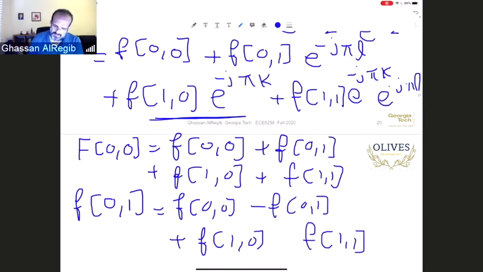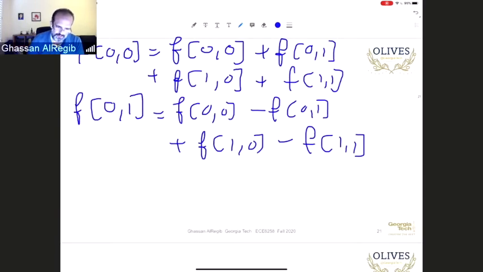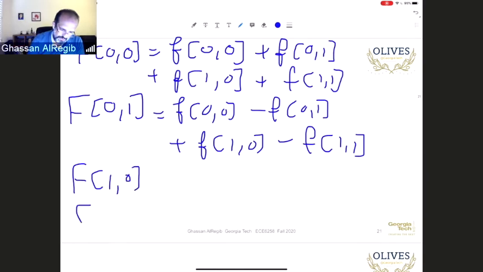But now I have l equal to 1, I have e to the negative j pi l, that will give me a negative in here, and so on. So you can continue doing all of these operations to calculate. Sorry, this is capital F. Yeah, please correct this. This is capital F. This is the DFT. You can do the same thing for F of 1, 0 and then F of 1, 1.